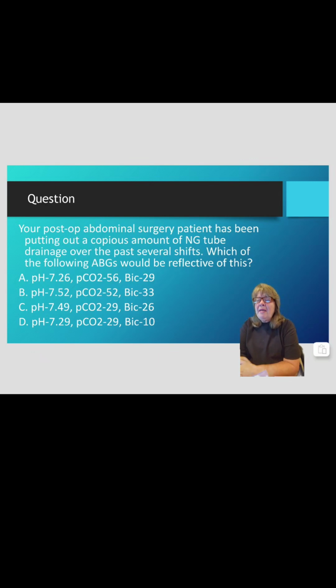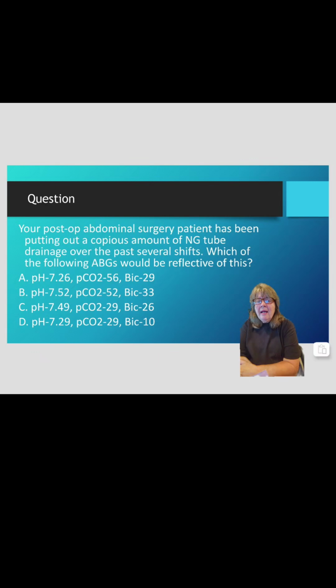B, we have pH of 7.52, PCO2 of 52, and a bicarb of 33. C, we have pH of 7.49, PCO2 of 29, and a bicarb of 26. And then last but not least, we have D, which is a pH of 7.29, PCO2 of 29, and a bicarb of 10.